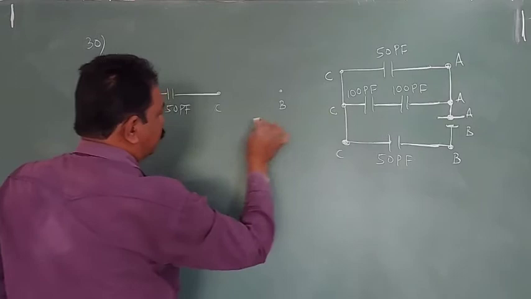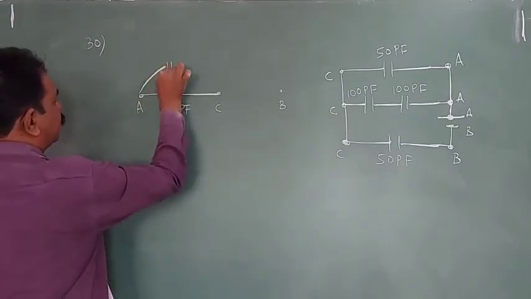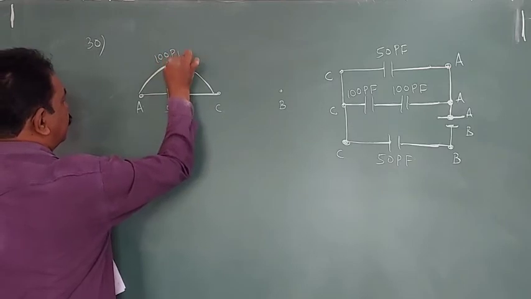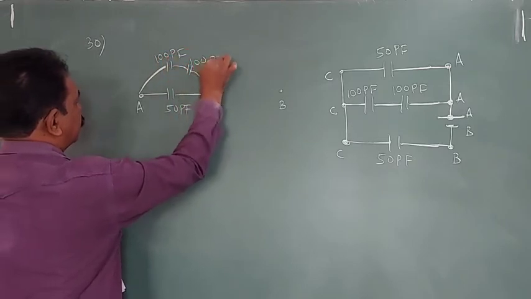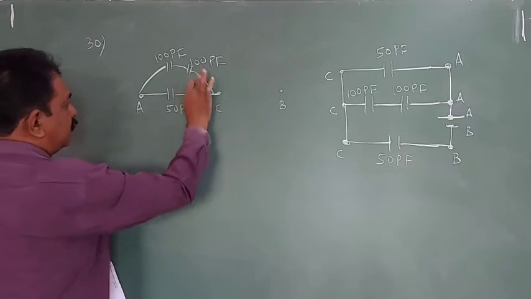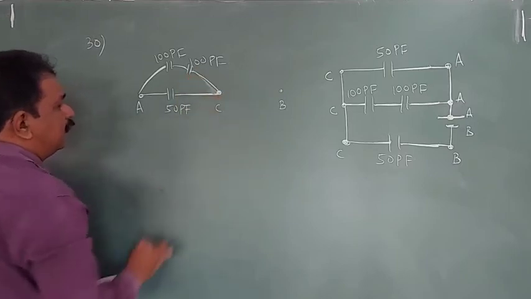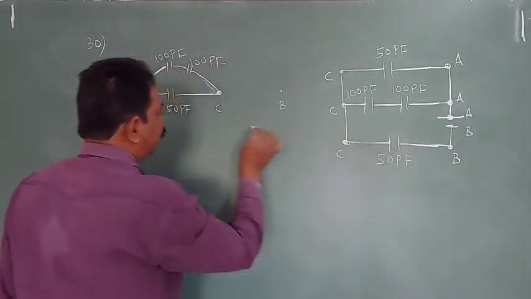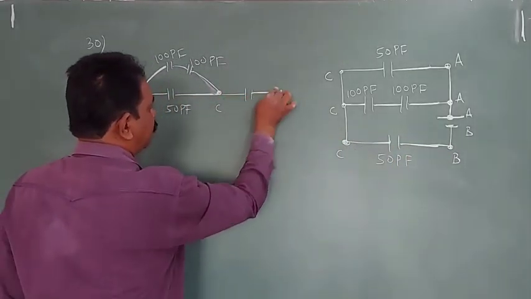Again A to C, these two, 100, 100, and C to B, 50 picofarad.